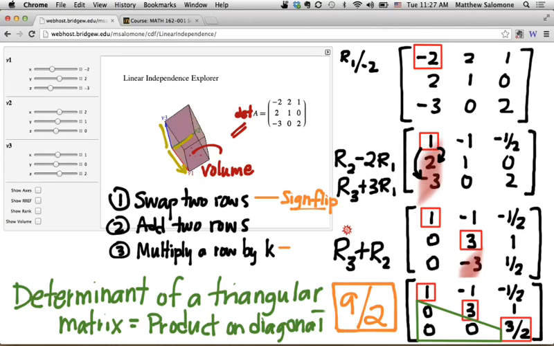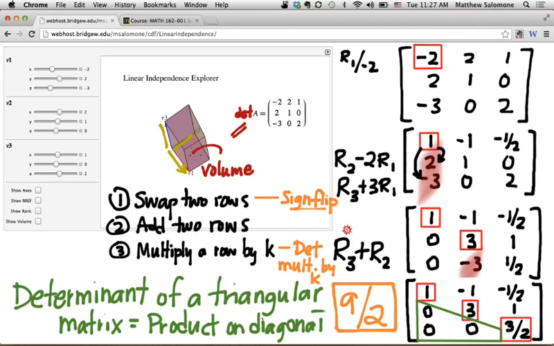And being a linear function of the rows of the matrix means that if I multiply a row by a constant, the determinant also gets multiplied by that constant. In your example, you multiplied both rows by 3, and so one of those gave you a factor of 3 in your determinant, the other one gave you an additional factor of 3, and so in total it was 9. But if we're just doing it to one row at a time, then whatever we multiplied that row by, we have also multiplied the determinant by.